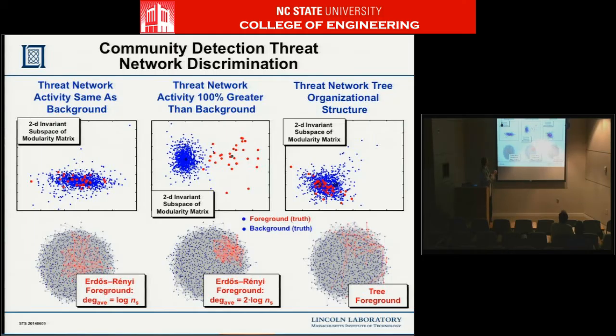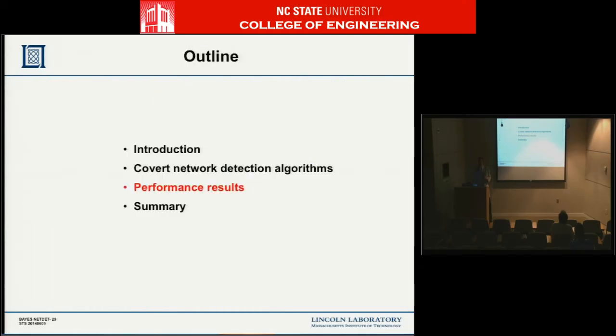Where your foreground activity is the same as the background, as you expect, you don't get discrimination between your foreground and your background with these types of methods. But where you have a very active background compared to the foreground, here you get great separation and a good detection algorithm. And I'll talk about more topological issues in the next section.